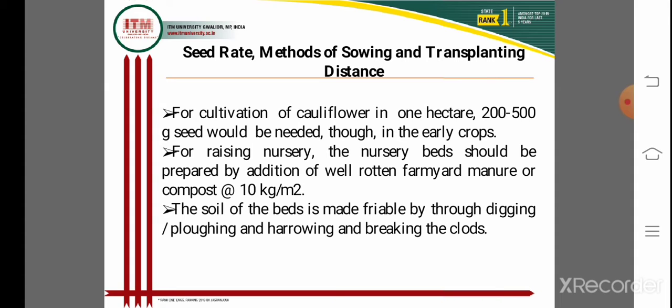Next, the soil of the beds is made friable by thorough digging, plowing, harrowing and breaking the clods. This is very important for good soil texture.